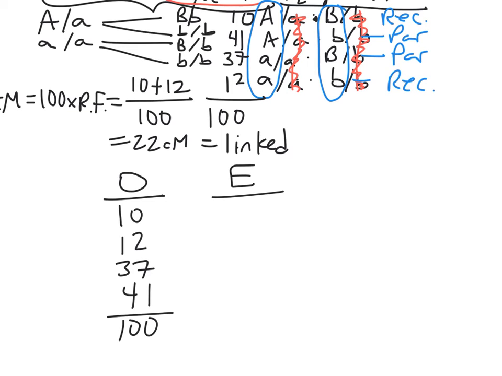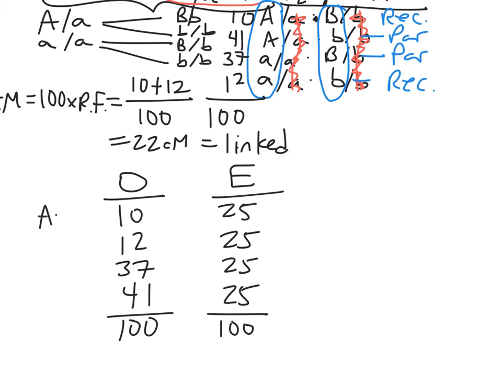Instead of 10, 12, 37, 41, what numbers would we have seen? Mendel's laws are working. Independent assortment is occurring. Yeah, you'd see a 1 to 1 to 1 to 1, 25 of each of those 4 different genotypes, so that you get the same total number of observations.